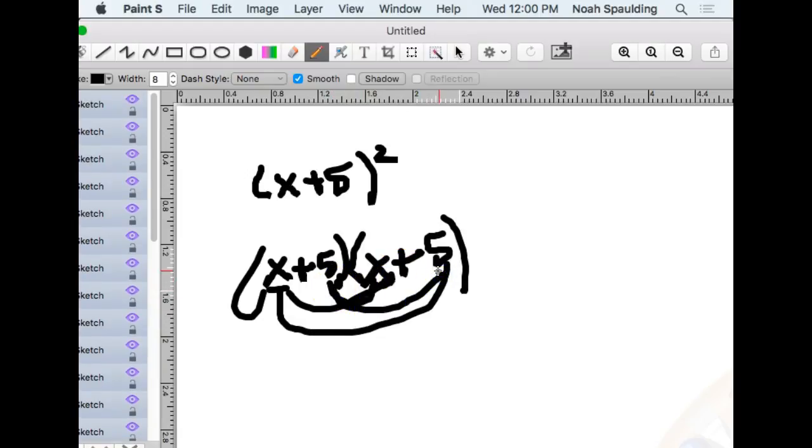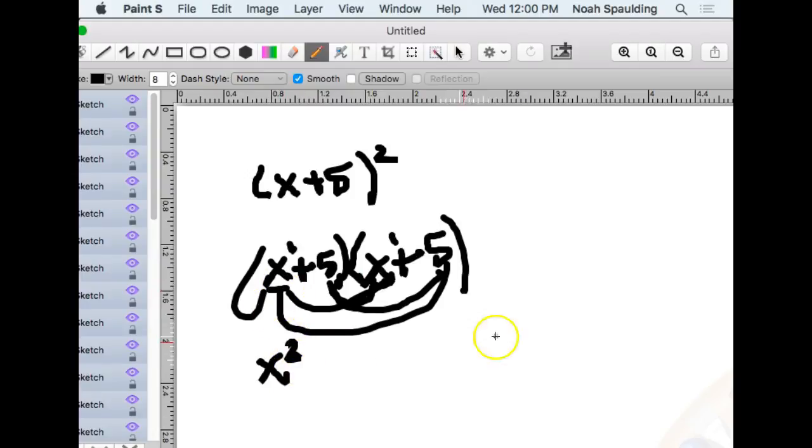That is FOIL. Now remember, when you multiply, if you have x times x, the same variable times the same variable, you keep the variable and the exponents add together. In this case, 1 and 1 add together to give you 2.